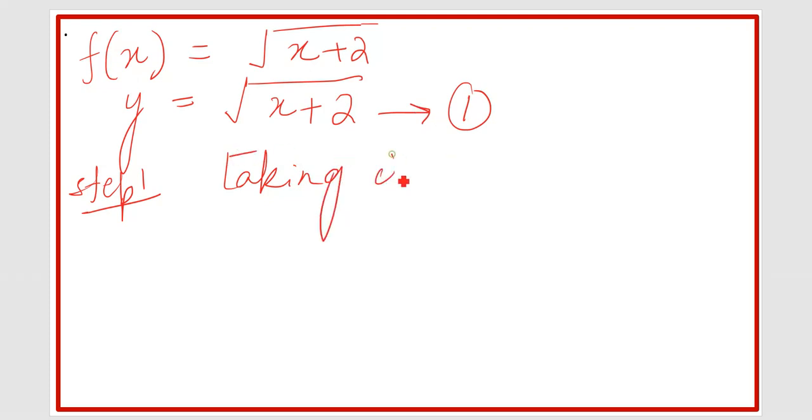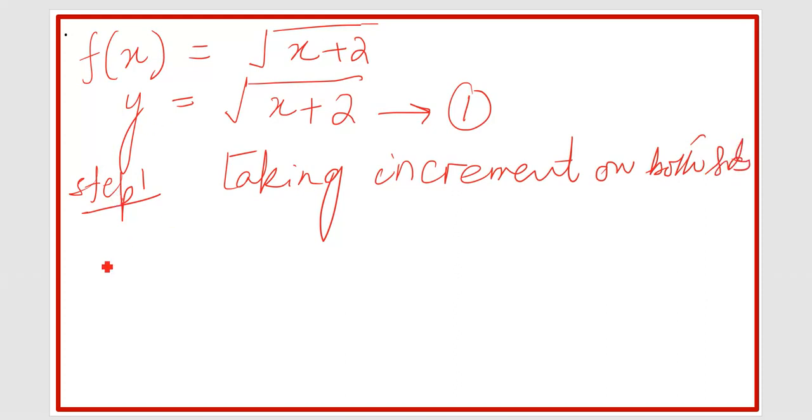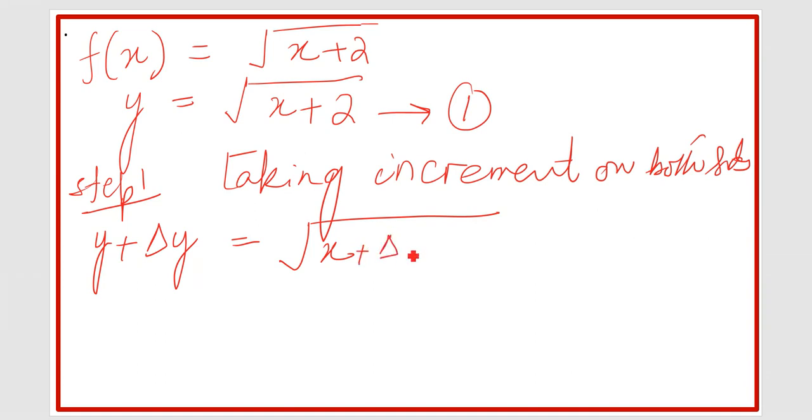So here we will write down taking increment on both sides, right? So on the left hand side we have y, and the increment is delta y, which is equal to square root of x. So if you have y, you have to add delta y. If you have x, you have to add delta x plus 2.